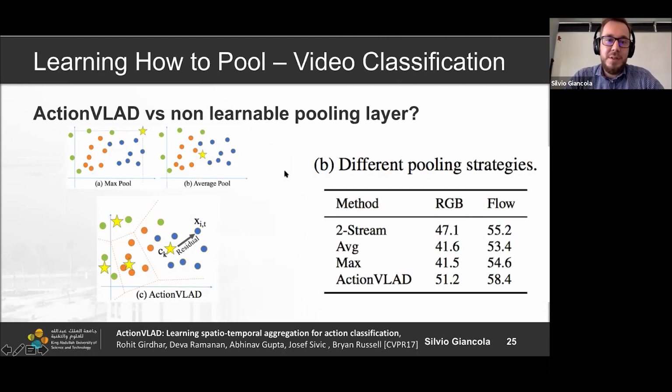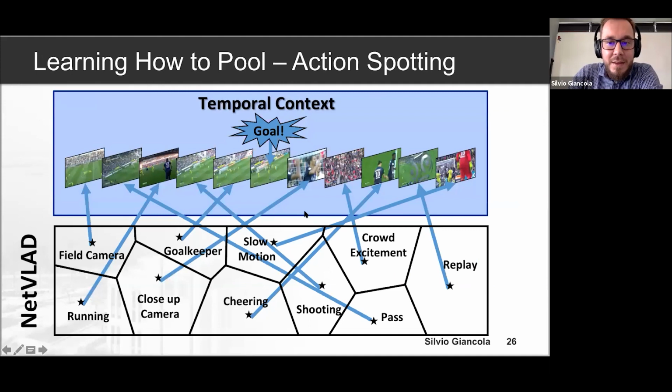And again, in that specific paper, ActionVLAD was better than non-learnable pooling layers. On some metric, I don't remember which, if you only consider average pooling or max pooling, you get lower performance than with ActionVLAD, which is more expressive with respect to the sets that you are pooling from.